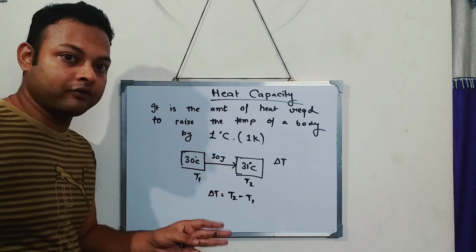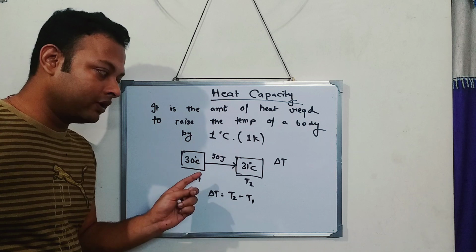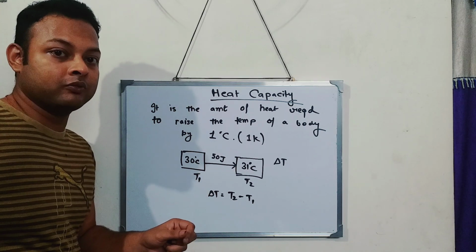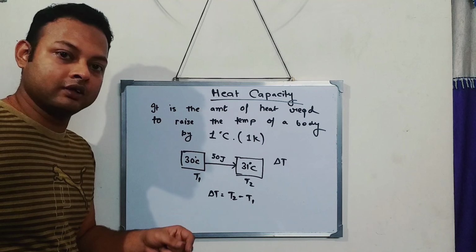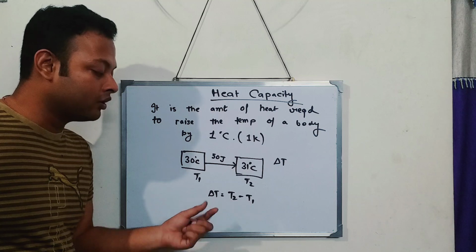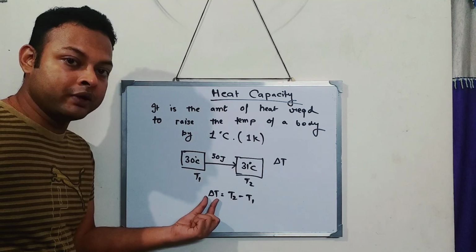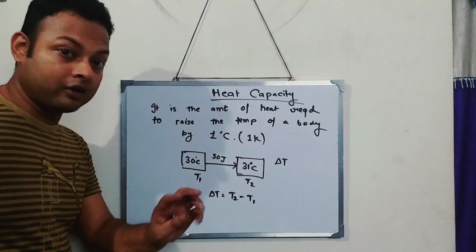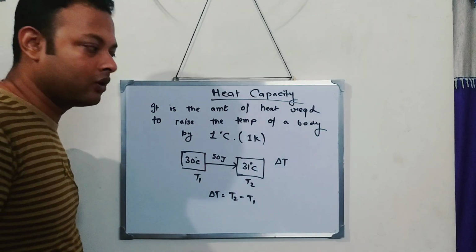Normally in physics we take final minus initial, but sometimes we get a negative, and with negative temperature, things become quite the opposite. So we will always take bigger minus smaller. We want this value of delta T to always be positive. So always take bigger minus smaller, not final minus initial.